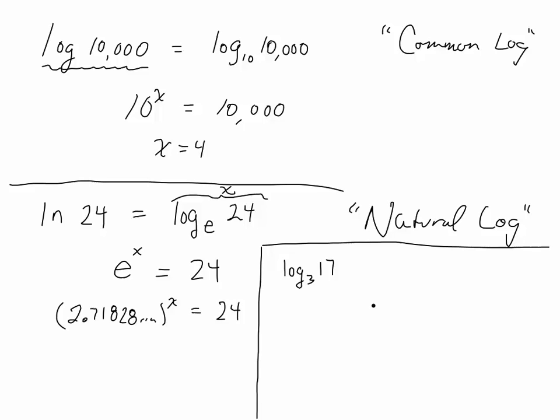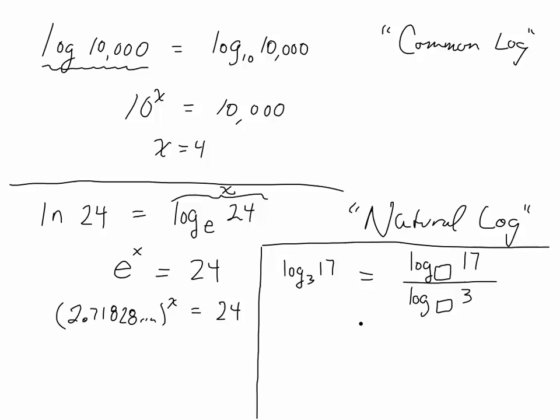In order to solve something like log base 3 of 17, there is what's called the change of base formula. You can rewrite any log as a log with any base that you want of 17 divided by the log of the same base of 3.